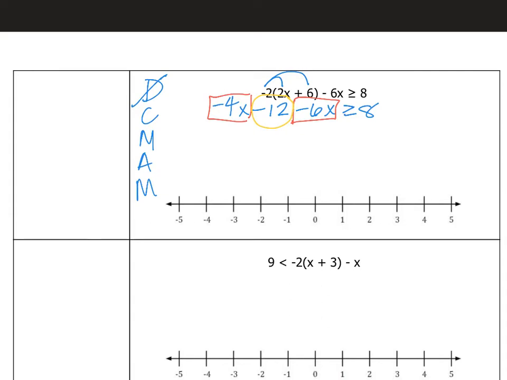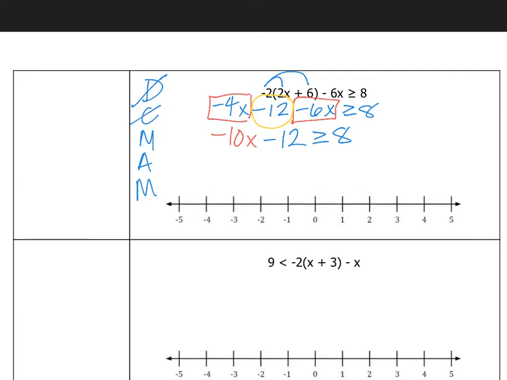So if you plug in -4 minus 6 in the calculator, you're going to get -10. Make sure you add that x afterwards. And then there's only one yellow circle, so we're just going to bring the -12 down. And then let's write the rest of the inequality. There's only one number on the right of the inequality, so we cannot combine like terms on that side.